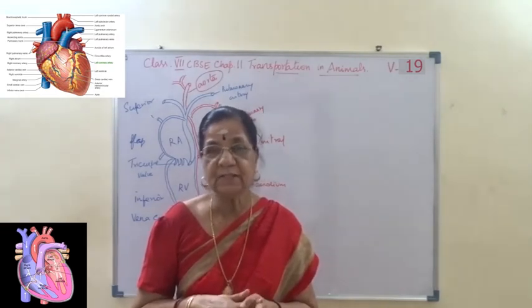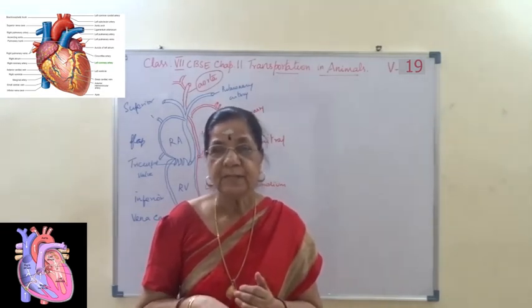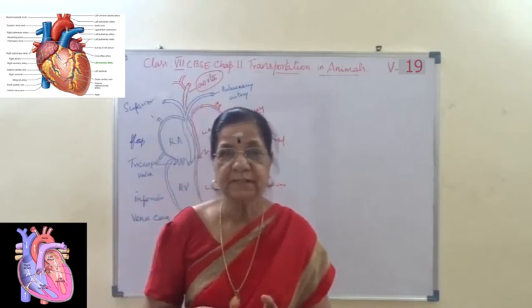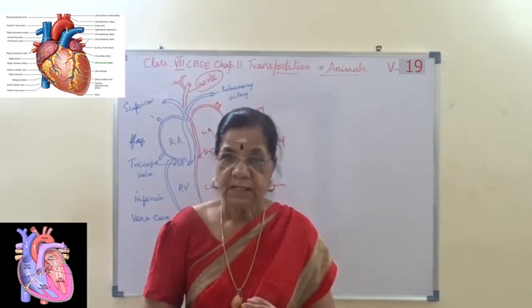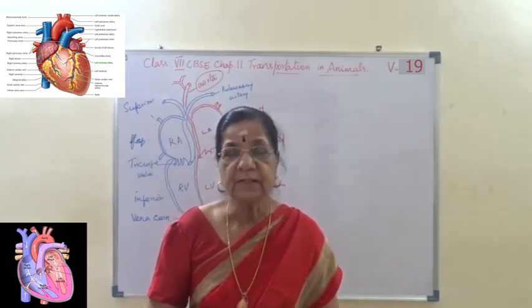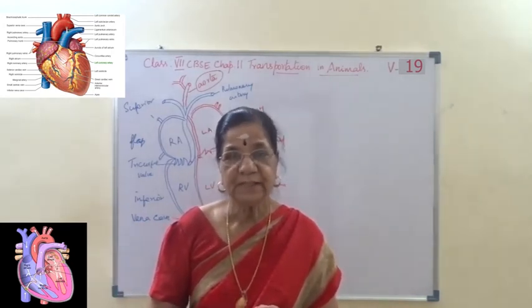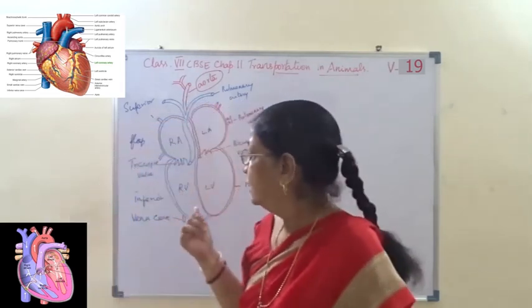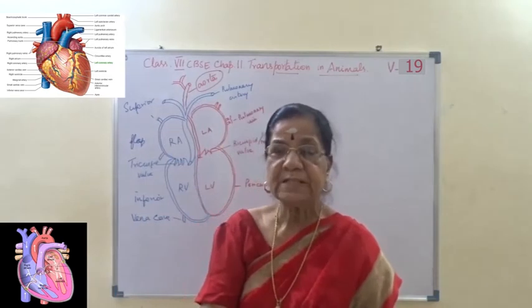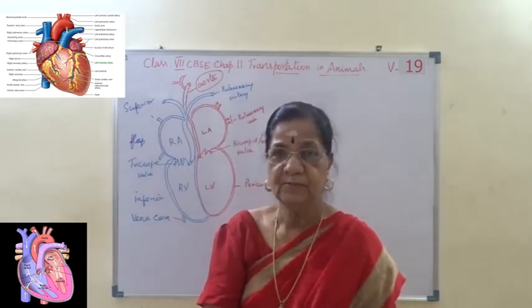The chambers of the heart are the right atrium, left atrium, right ventricle and left ventricle. The valves of the heart are the tricuspid valve, the bicuspid valve, also known as the mitral valve, and the semilunar valve.